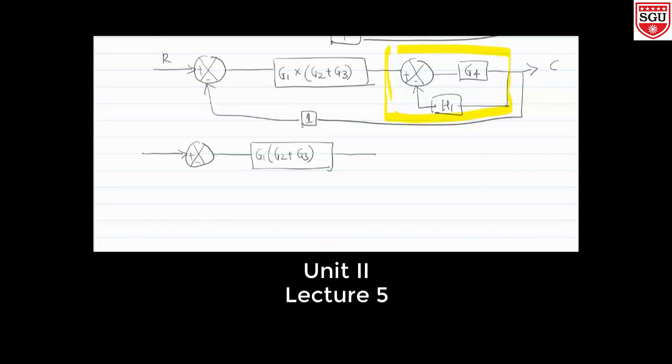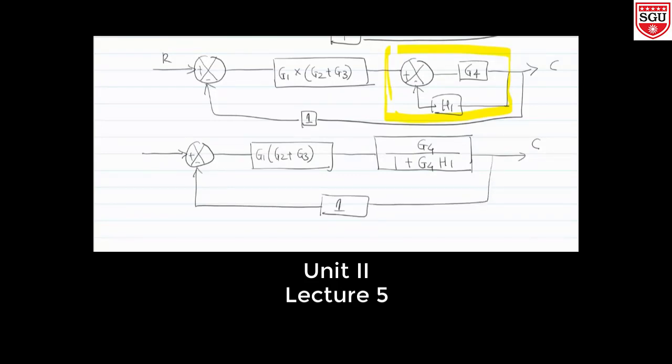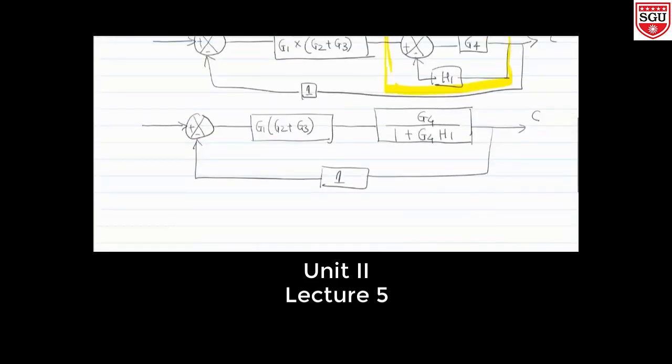Then after eliminating this, what will be the result? Feedback loop: G4 upon 1 plus G4 H1. Perfect. And it will give C. The remaining is as it is. Then what will be next? Now what happened?